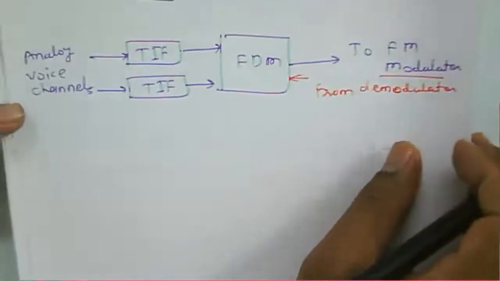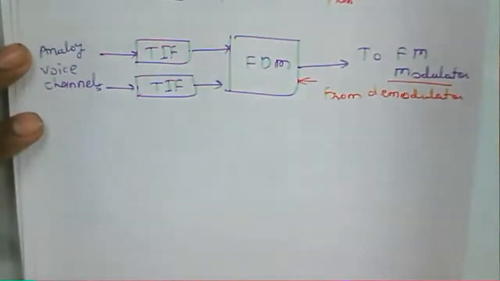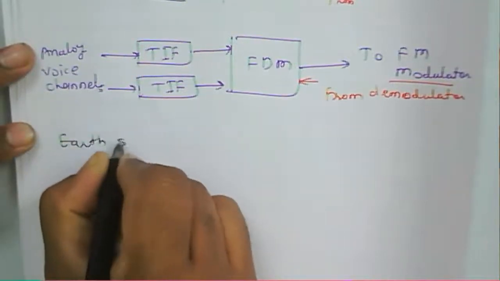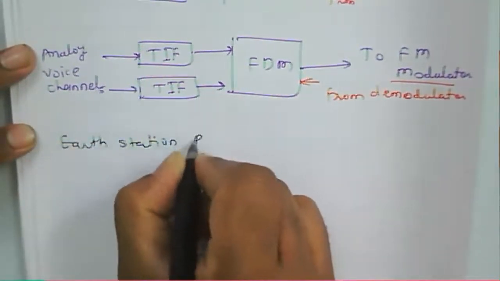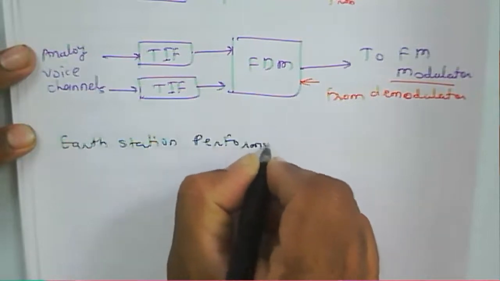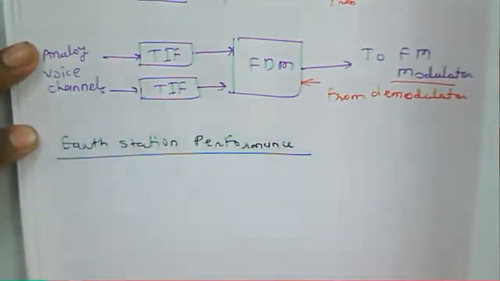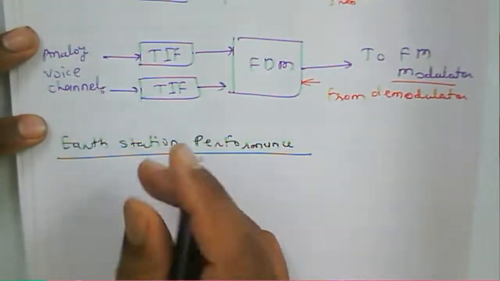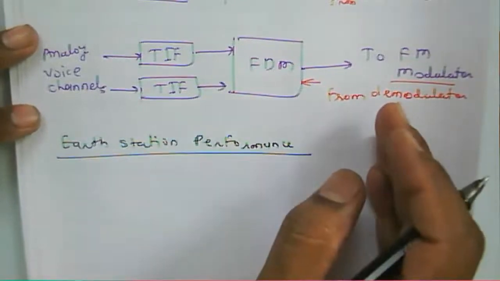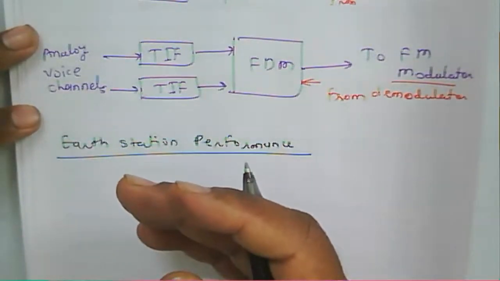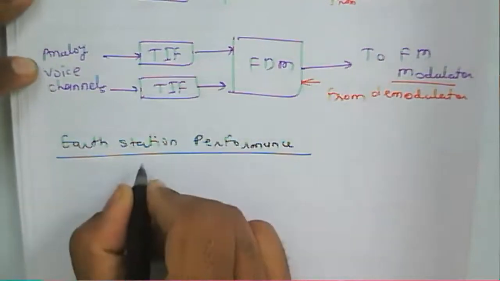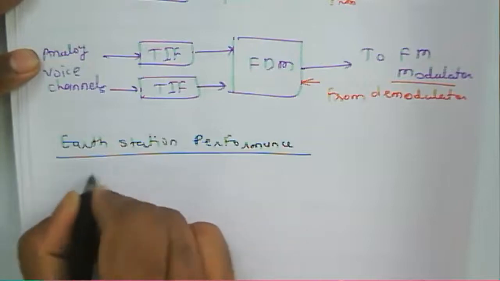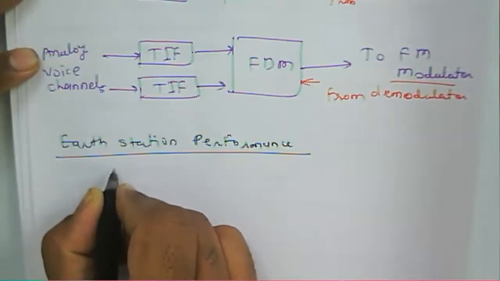Then one more important factor is the performance of an earth station. It totally depends upon what power is transmitted and what power is received. Whichever earth station we have, it will transmit some particular power.